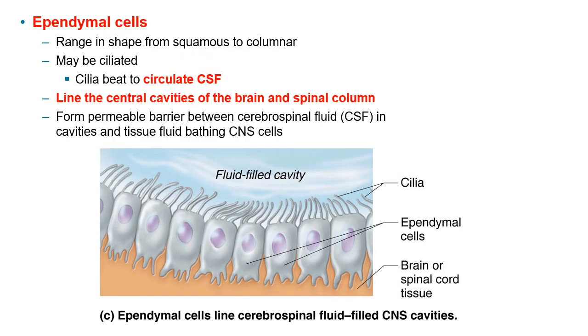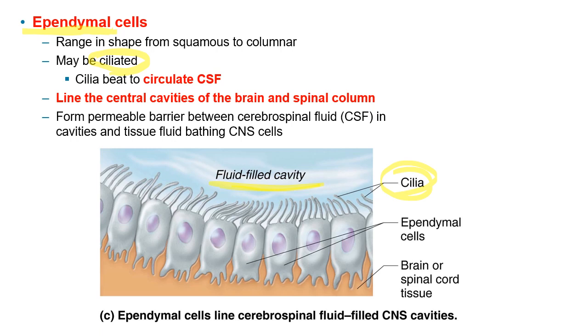Now, these other guys here are quite interesting. Ependymal cells. They can look columnar, and they can look squamous or square, so they have different forms, but the most important aspect is that they are ciliated. If they have cilia, you can imagine they are in contact with some form of a fluid, a fluid-filled cavity.